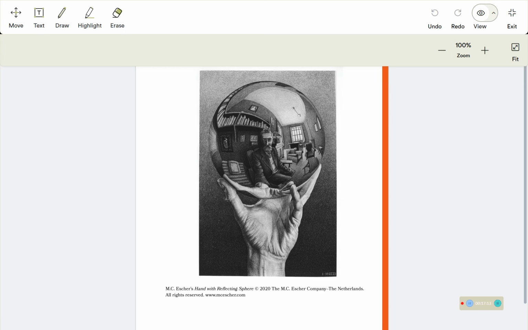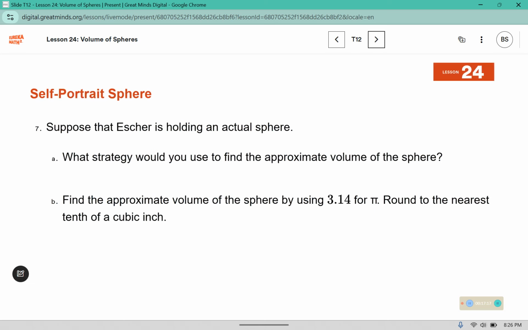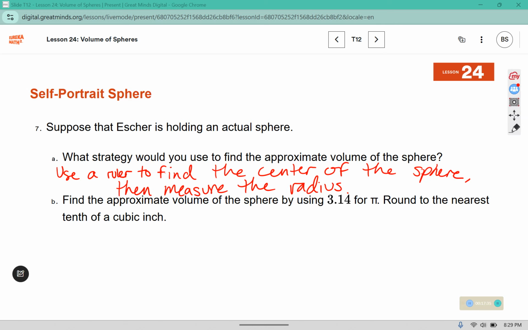We're going to answer part of these problems in 7a and b. So to start, what strategy would you use to find the approximate volume of the sphere? We could use a ruler to try and find the center of the sphere, and then measure from the center to the outside edge to find the radius. If you have a ruler, go ahead and try to determine the radius of that sphere from the page in your book.